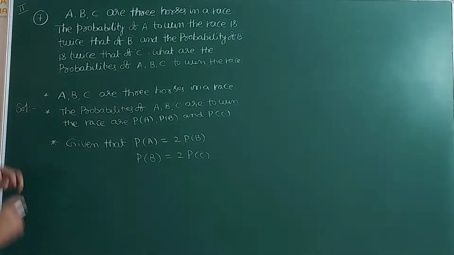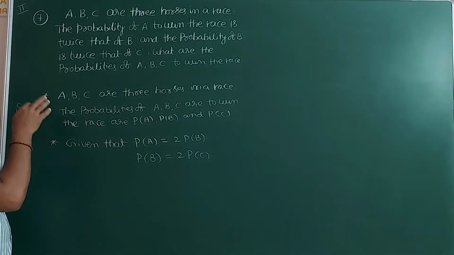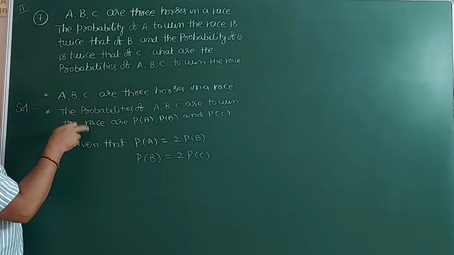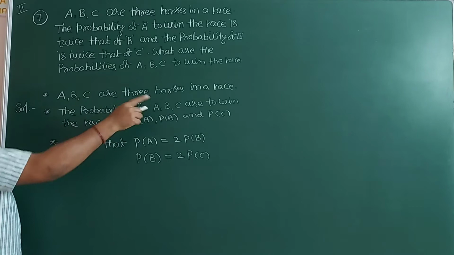P of C is the probability of the third horse C to win the race.